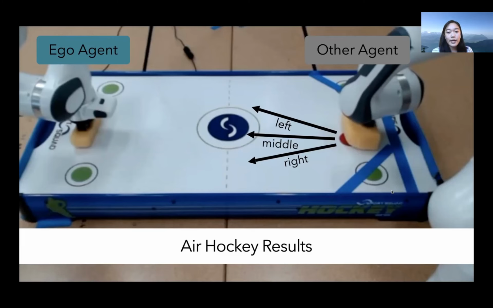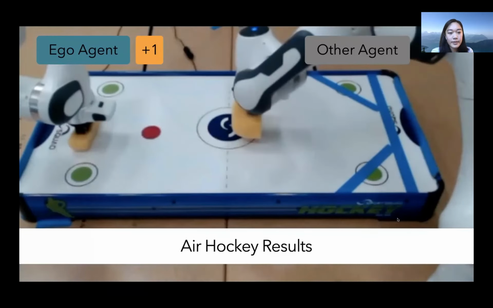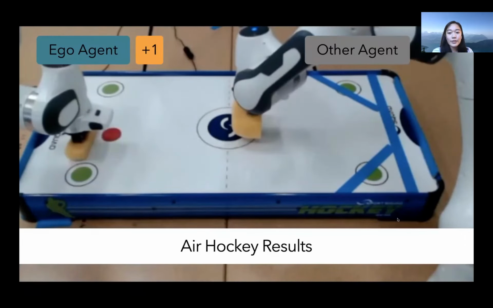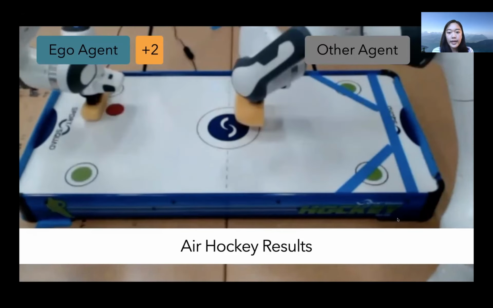After each trial, the other agent will select a new strategy based on the last interaction. The ego agent earns a reward if it successfully blocks the puck, and if it blocks the shot coming down its left side, it earns a bonus reward. So influencing the opponent to aim left will earn it higher long-term rewards.